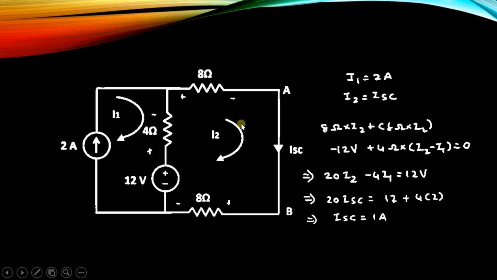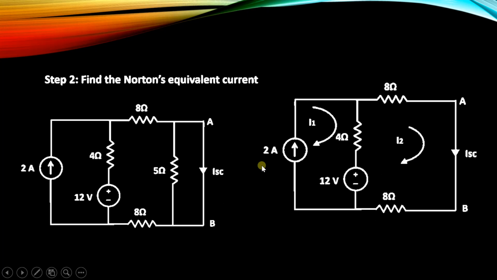So when we consider terminals A and B short circuit, this 5 ohm resistance will also be short circuited, and we remain with this 8 ohm resistance, 4 ohm resistance and this 8 ohm resistance.